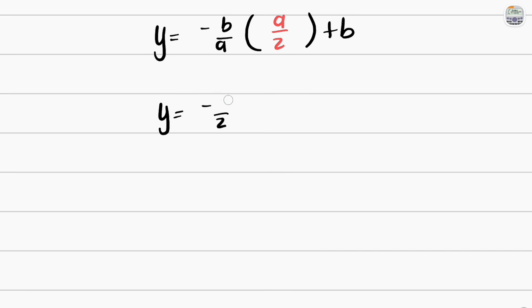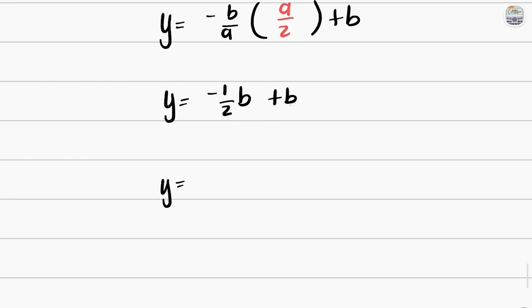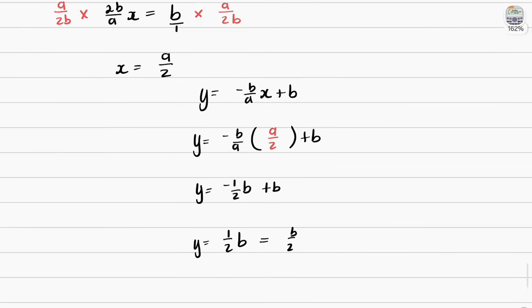You could have written it as negative one half b, plus b. So y equals b minus a half b, which is a half b, which is just b over 2. I'm just rewriting this b, which is already in the numerator, over there. So that proves it.